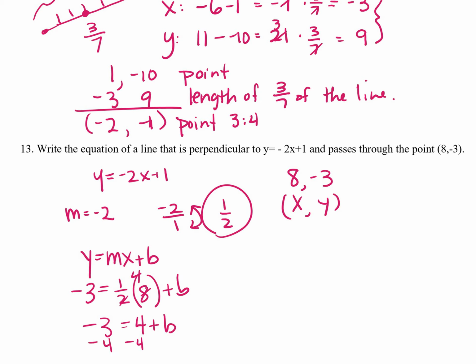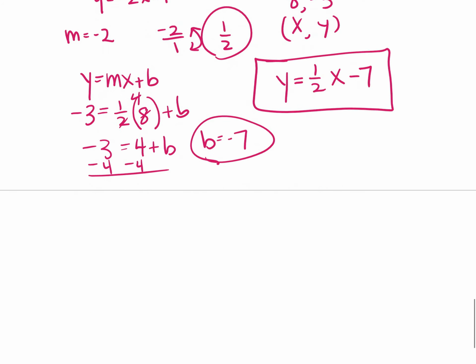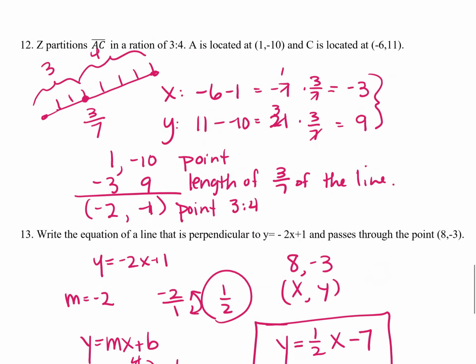Subtract 4. b equals -7. So now I know the intercept. So I'm going to rewrite the equation. y equals, the slope that I need is 1/2. x has to stay a variable, and then I need a new intercept. So this is my equation.